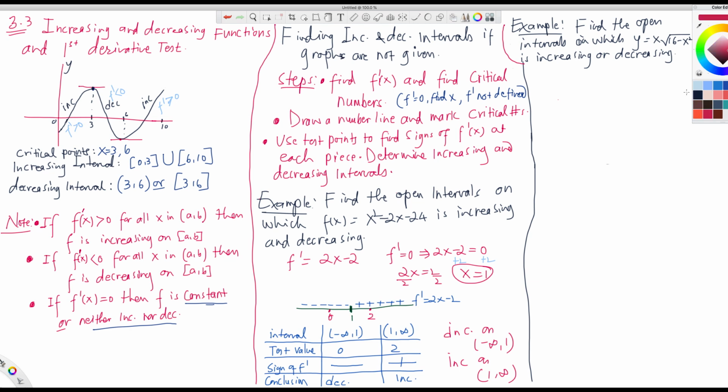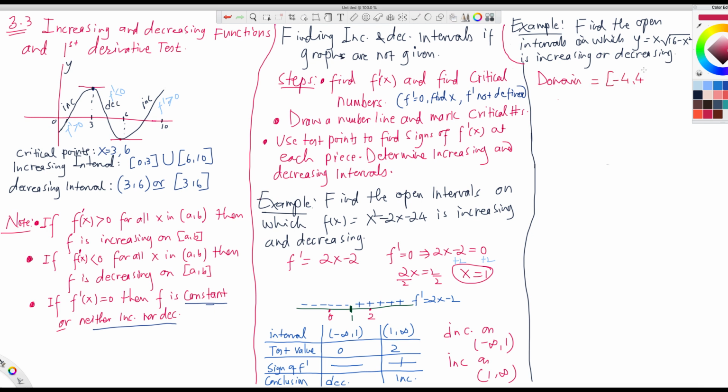If you solve inside the root, you will get x equals positive 4 and negative 4. So anything outside of positive 4 and negative 4 will make this number bigger than 16, and that will give you a negative number under the root. So the domain is negative 4 to positive 4.